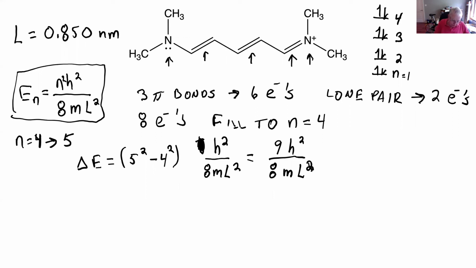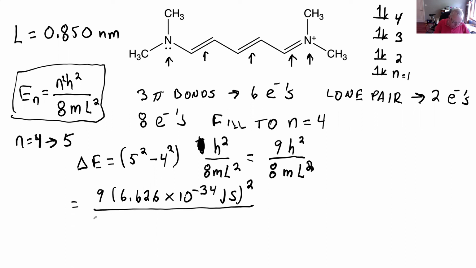So I'm going to have that delta E from there is equal to 9 times Planck's constant, which is our familiar 6.6 times 10 to the minus 34th power joule seconds, squared. Down here, I need an 8. I need their electrons, so I need the electron mass.